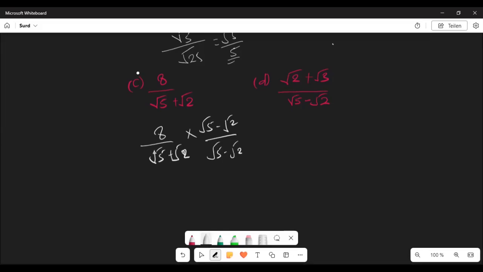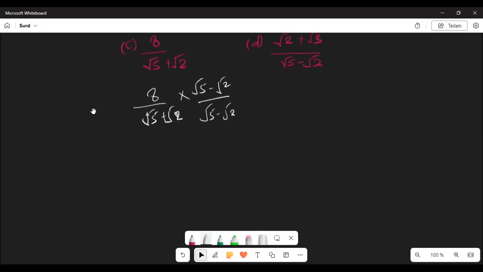If you remember very well, from when we did the simultaneous equations, there's this famous equation which says that a minus b multiplied by a plus b will give us a squared minus b squared.